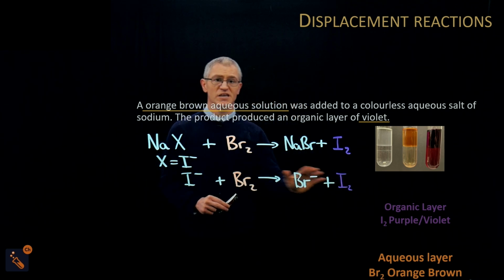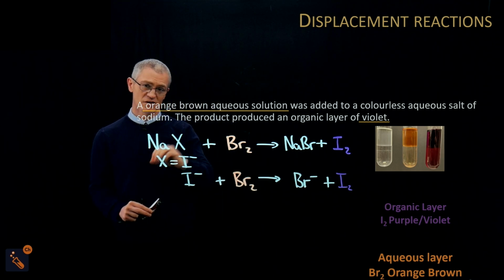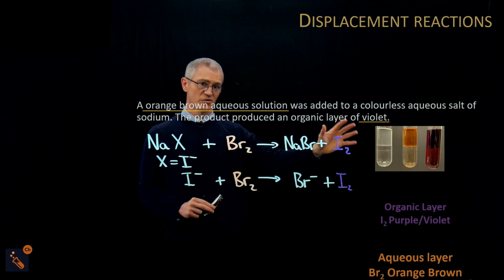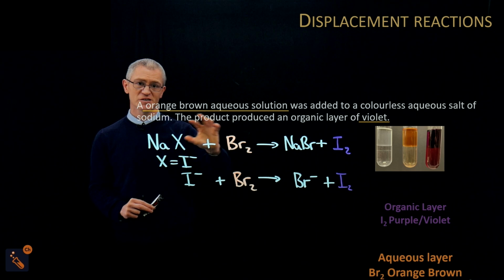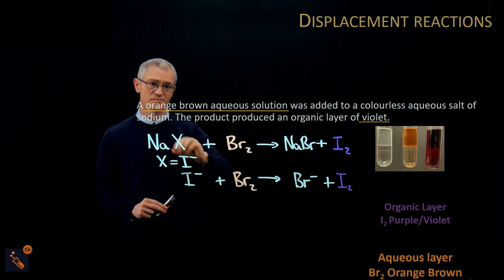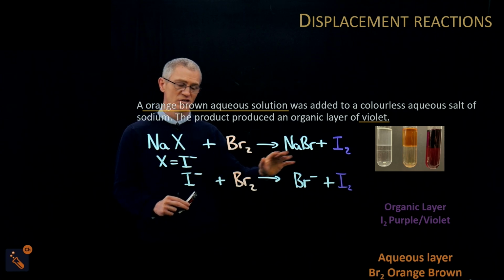So here we've got our ionic equation where we substituted in the X because we found out what the X is. We worked out from the fact we produced iodine that the iodine must have been over here. It must have been displaced by the bromine because the bromine is more reactive. And that means we can then rewrite it without the sodium because the sodium is a spectator ion.